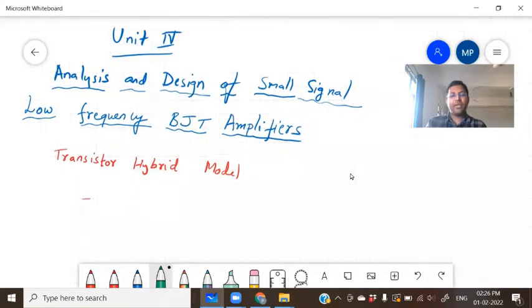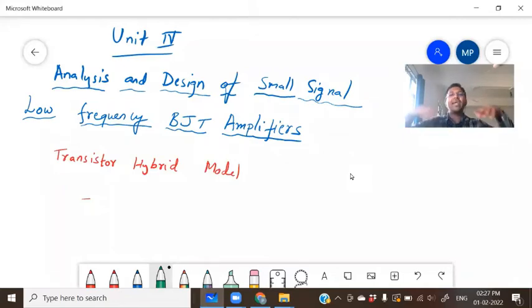So first hybrid model. Next, in this unit, we will analyze amplifiers. For example, CE amplifier we have seen, right? Best biasing among all is voltage divider bias. So by default, in most cases we will use voltage divider biasing.